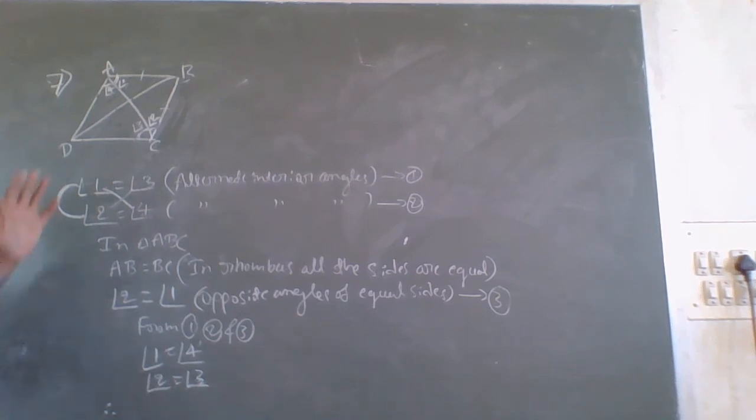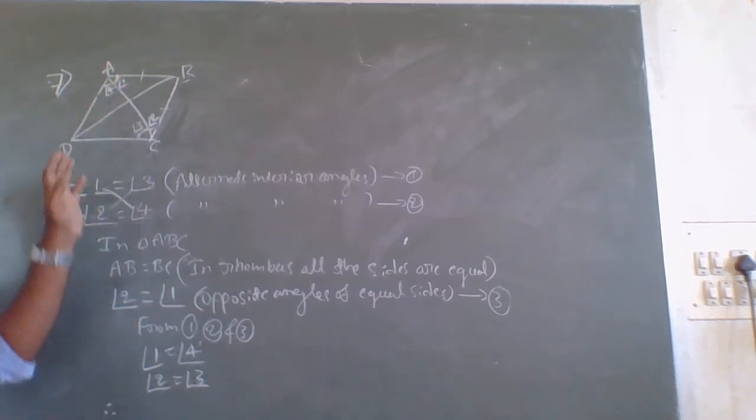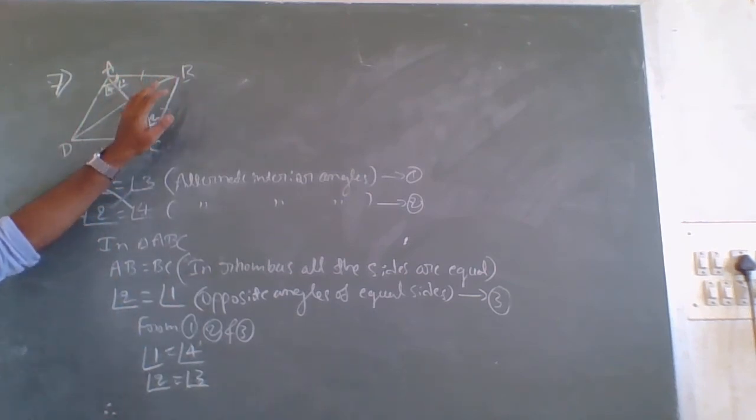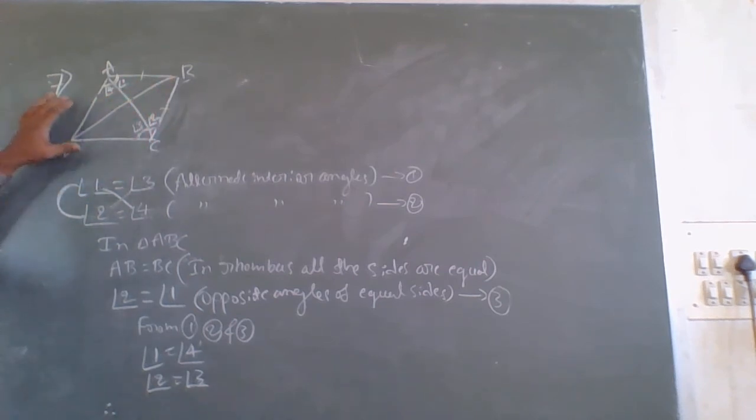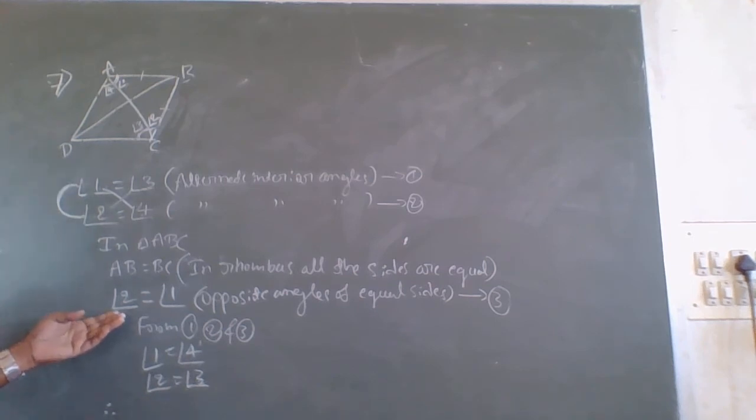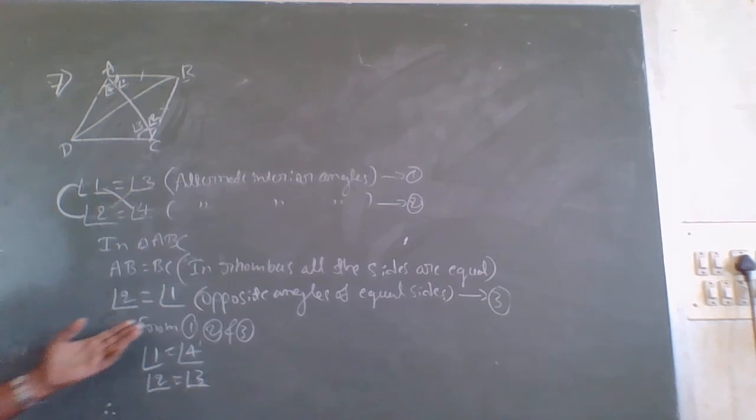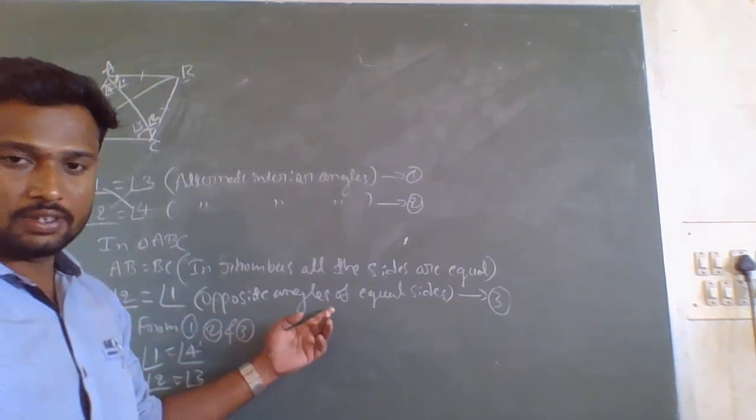Or we can again prove it by considering the angles 7, 8, 9, 10. Again, alternate interior angles are equal here also. You can consider any two sides and we will get two angles equal because of opposite angles of equal sides.